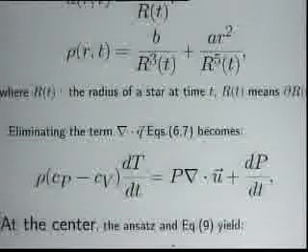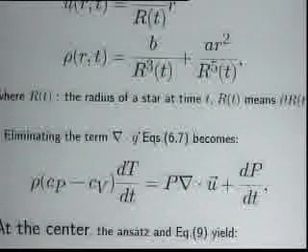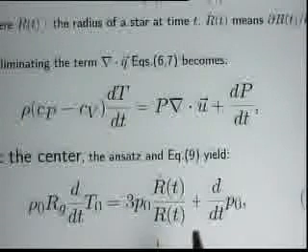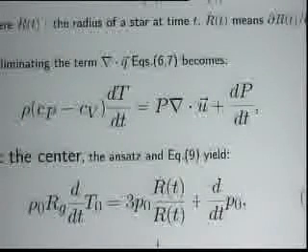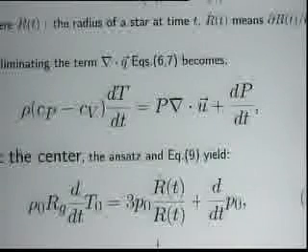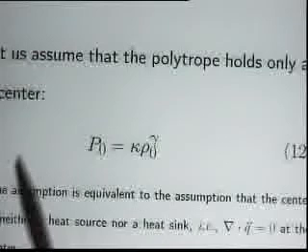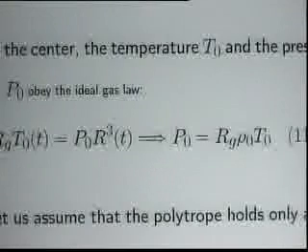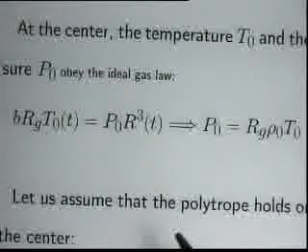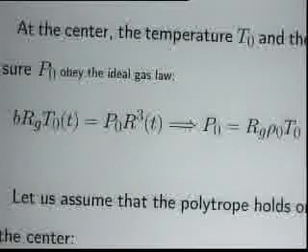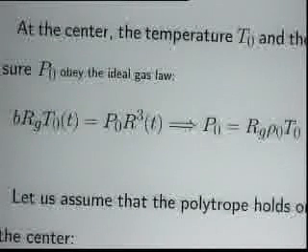At the center, the ansatz and this equation will yield immediately equation 10. And the solution of equation 10 immediately implies that at the center, the ideal gas law holds. In other words, what I'm doing is okay.